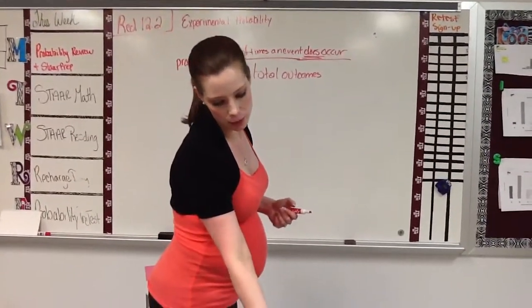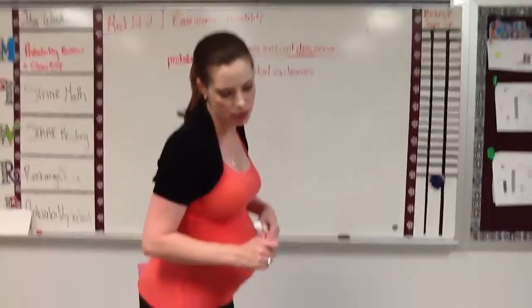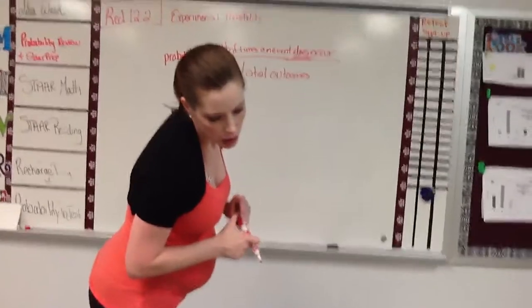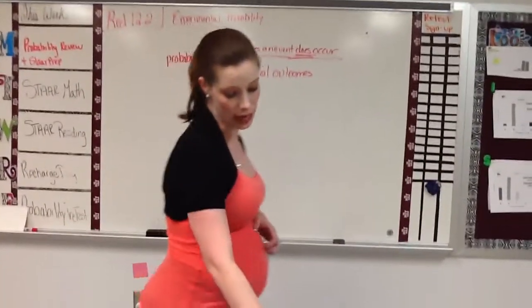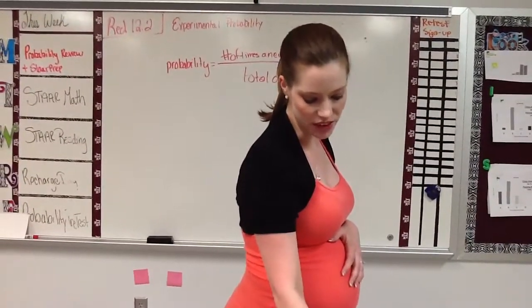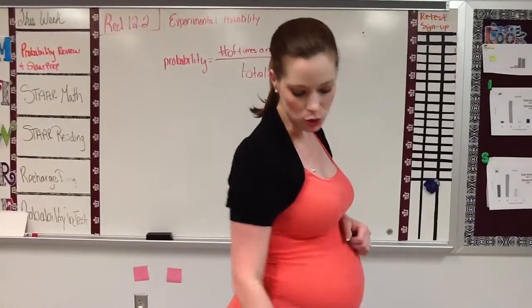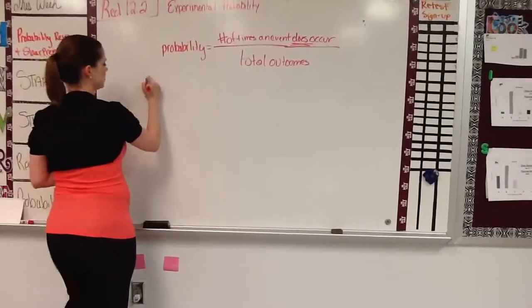So for example, we're looking at a sports game. It says, Josh recorded the number of hits his favorite baseball player made in each of 15 games. He organized his results in a frequency table. So we have the number of hits.